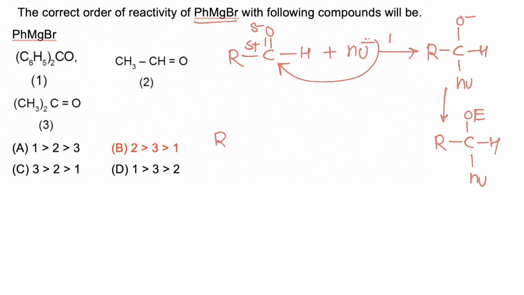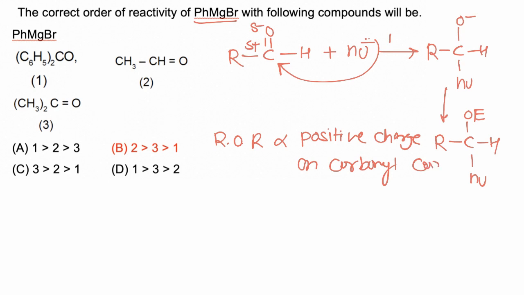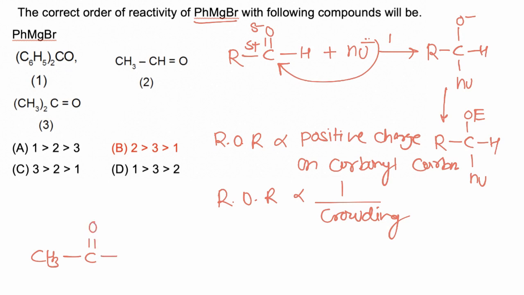So the rate of reaction is directly proportional to positive charge on the carbonyl carbon, and the next factor is crowding. With increasing crowding, the rate of reaction decreases, so it is inversely proportional to crowding. Now comparing these molecules, aldehyde is always less crowded, so aldehyde is most reactive, so acetaldehyde is most reactive.